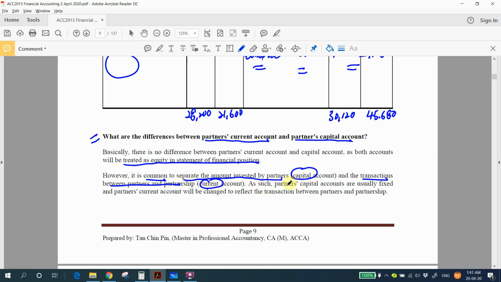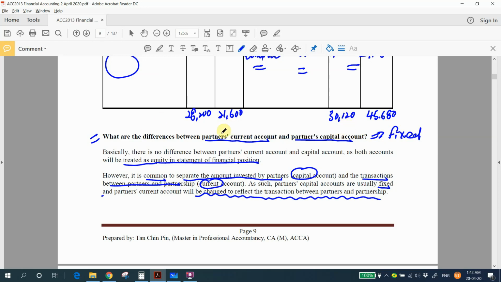As such, partners' capital accounts are usually fixed. Partners' capital accounts are usually fixed, and partners' current accounts will change to reflect the transaction between partners and partnership. I repeat, the capital account tends to be fixed because this indicates the amount invested by partner at the beginning.